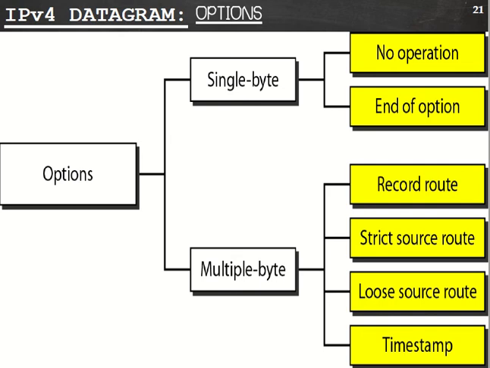This is an option used to record the internet routers that handle the datagram. So I repeat, the record route option is used to record the internet routers that handle the datagram.